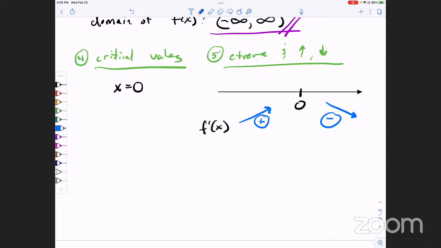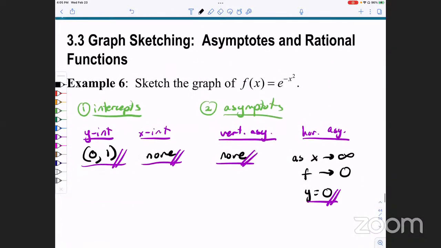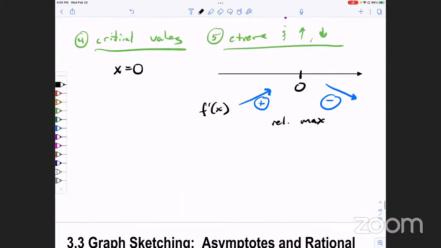Okay. So then that means that we have a relative max when x is 0 and the original is 1, right? Relative max at (0, 1).